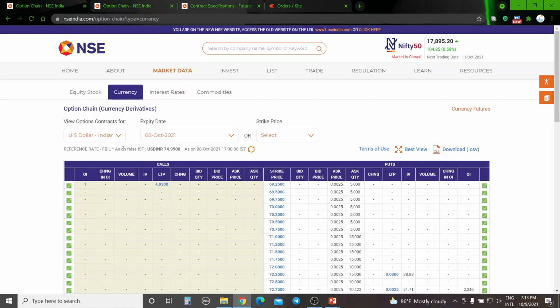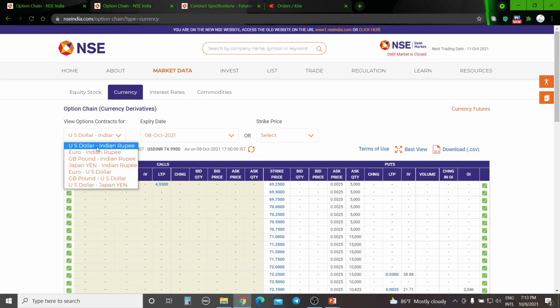Okay, so what are the pairs available in the Indian market for resident Indian investors or traders to trade in the currency derivative segment? Let's go through. You can see US dollar Indian rupee, Euro Indian rupee, Great British Pound Indian rupee, we call it GBP Indian rupee, Japanese yen Indian rupee.